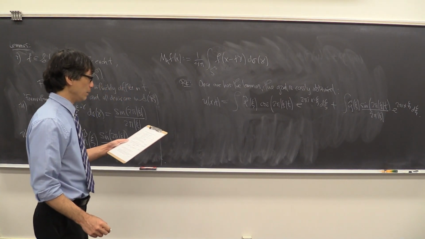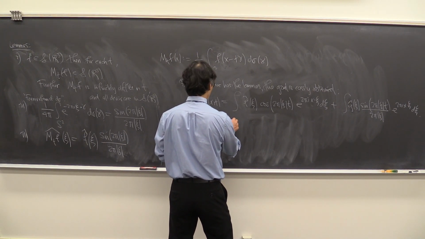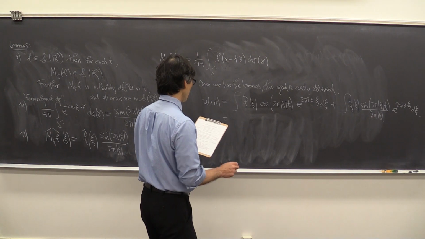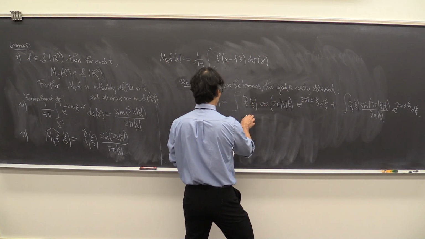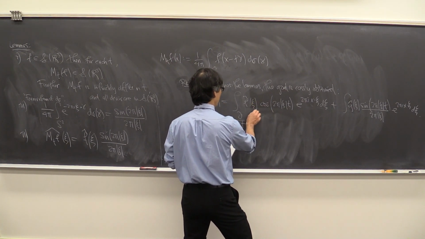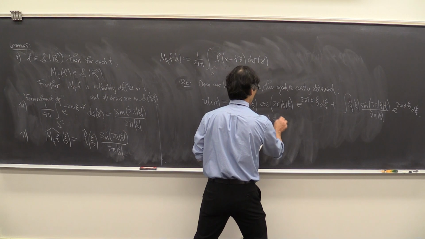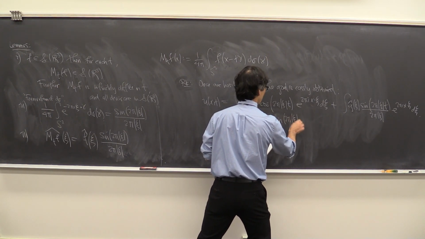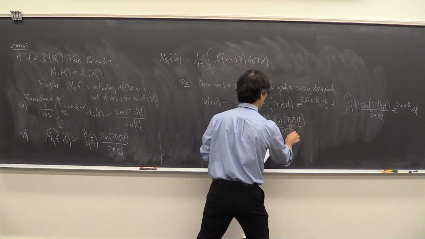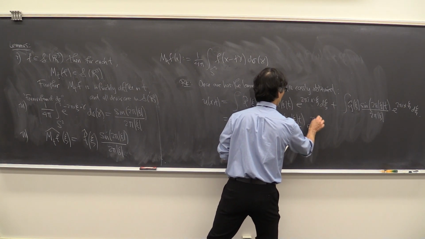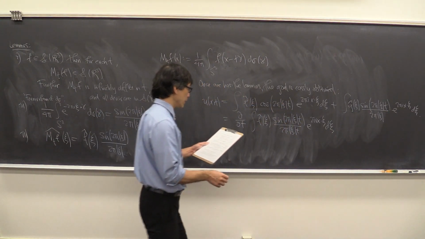But we can rewrite this first part as the partial with respect to t of f hat of c sine 2 pi c t over 2 pi c, times t.